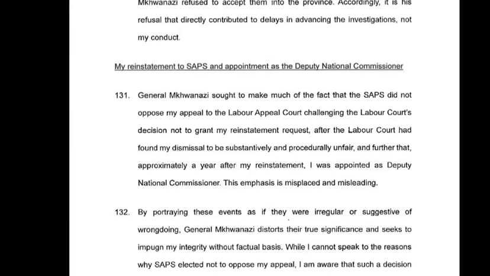The police fired me unlawfully so, and I challenged, and General Mkhwanazi, and the court agreed with me that he made a false statement under oath and that he lacks honor and integrity and that I was falsely accused and everything.